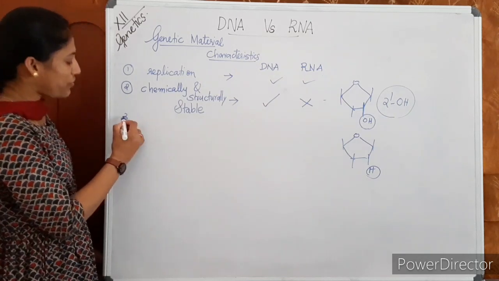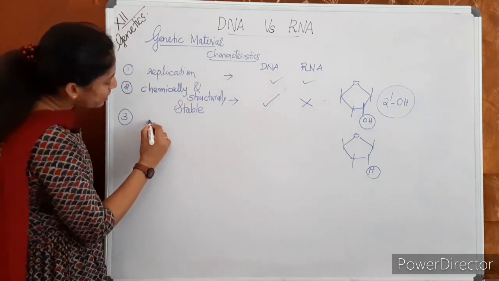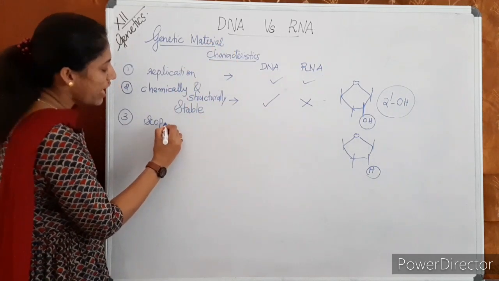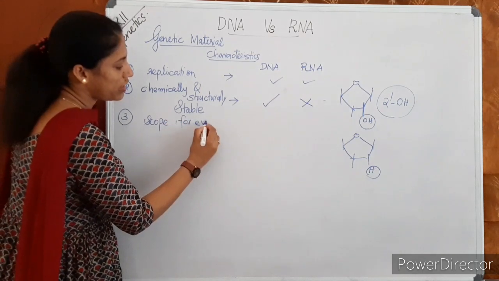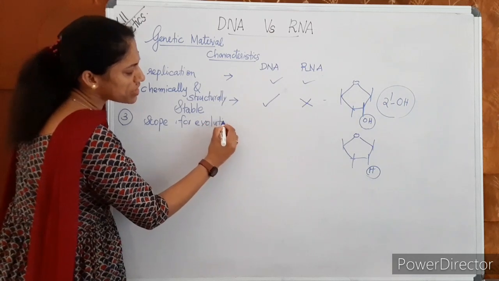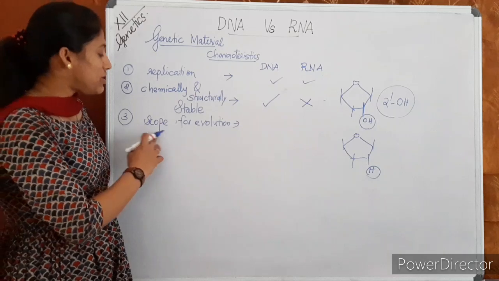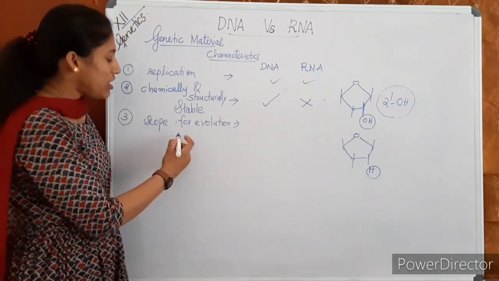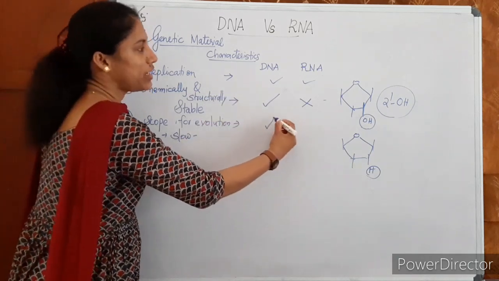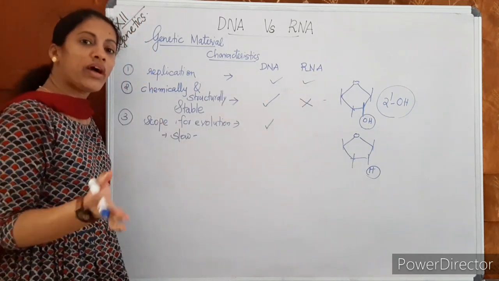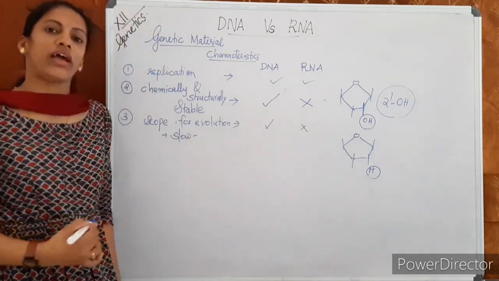Then the next feature: a genetic material should undergo slow changes and should provide scope for evolution. It should provide some scope for slow mutation, not a large mutation. When we consider this feature, DNA gives slow mutation and scope for evolution. Being reactive, RNA may undergo rapid changes, so it is not the best fit for evolution.